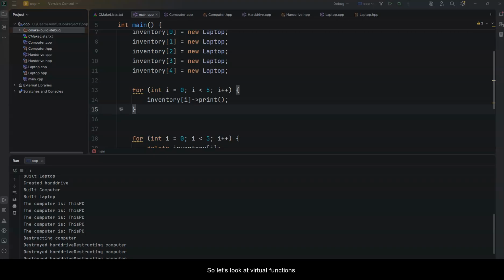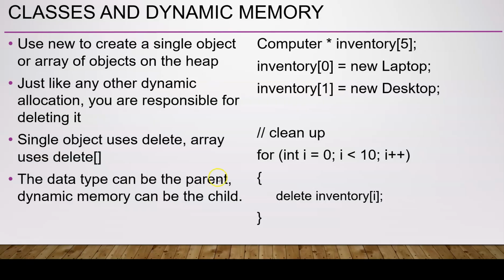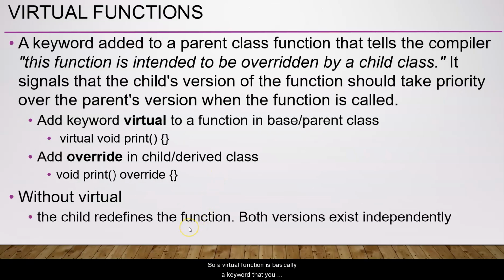And so let's look at virtual functions. So a virtual function is basically a keyword that you add that tells the system that if a child has the same function, you want it to override that function. So you add virtual to the parent class and you add override to the child class. And so that way it will use the one that you want it to use.